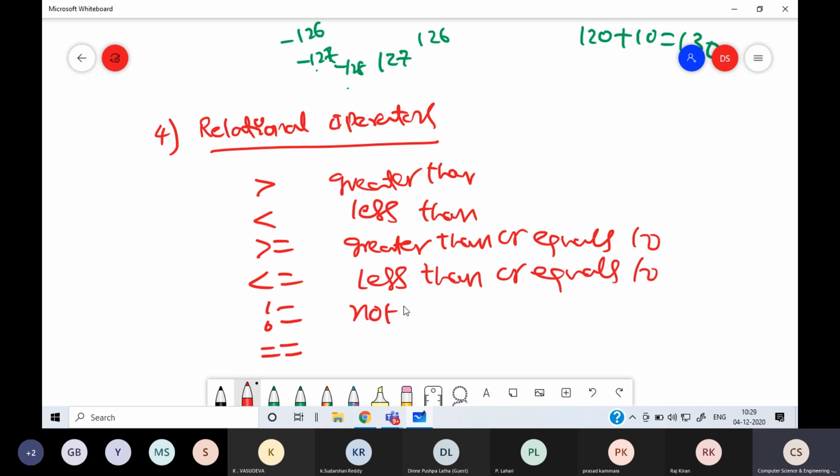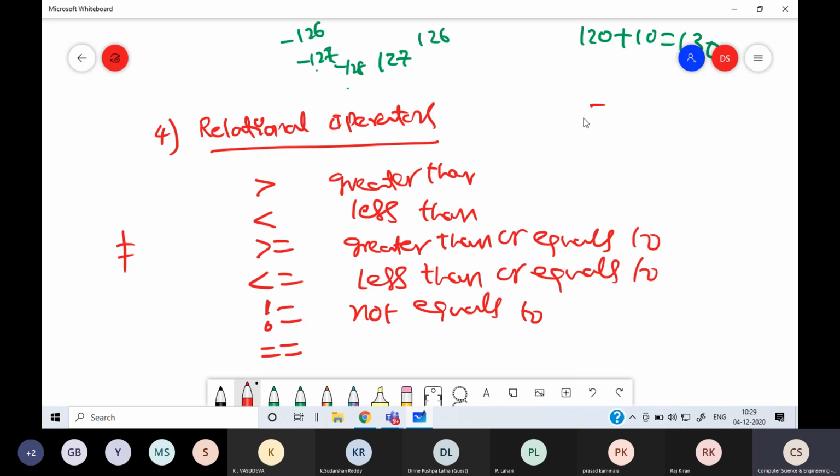Normally in mathematics we use not equals to like this, but there is no such symbol on the keyboard. So you can get that effect with two symbols, exclamation and equals to. This is not equals to.